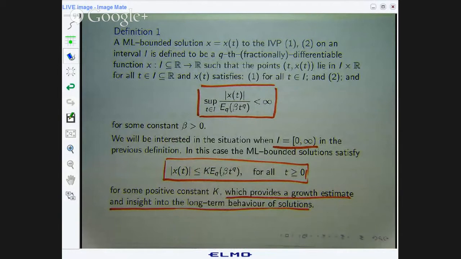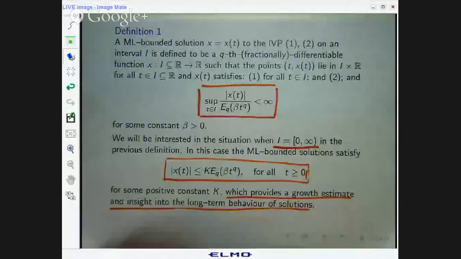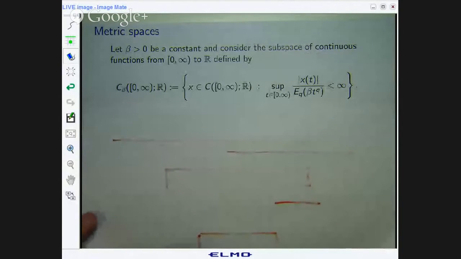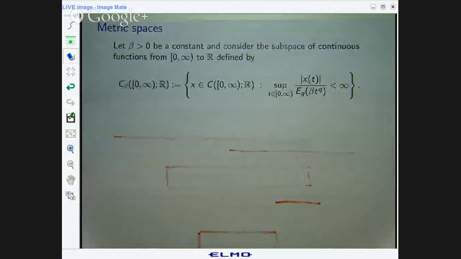All right. So when I talk about these ML-bounded solutions, I mean, they really are a solution to the initial value problem that we looked at the beginning, but they also have some sort of extra geometric element to them. Okay. All right. Now we are going to set this analysis in the context of a so-called metric space.